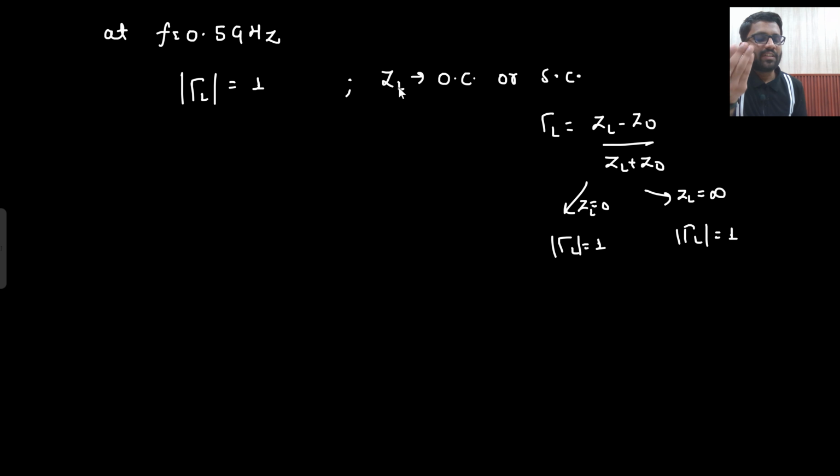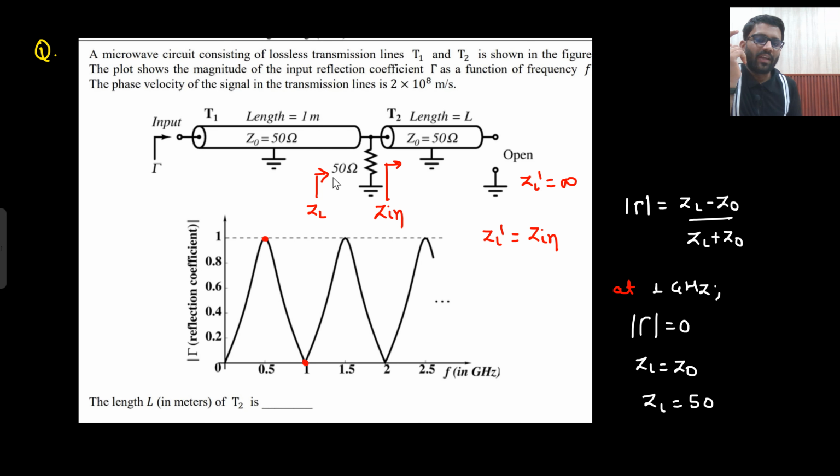So here which condition will you pick? ZL equal to open circuit or short circuit? Basically from here you would want to see open circuit impedance or short circuit impedance. So can you ever make ZL equal to infinity? There is 50 ohm and in parallel some resistance will come.